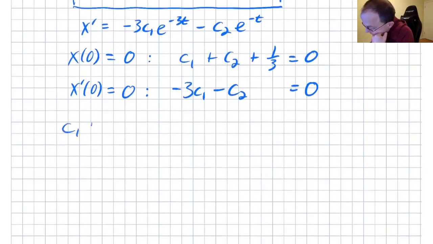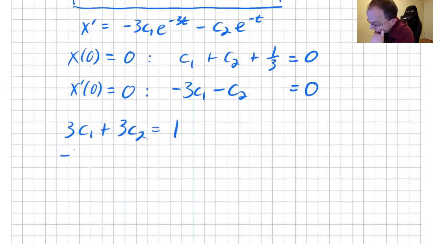Okay, so we get this linear system. C1 plus C2 equals minus 1/3. I guess we could multiply both sides by 3 if you want. It might make things a little bit easier. So I'll do 3C1 plus 3C2 is equal to minus 1, and minus 3C1 minus C2 is equal to 0.